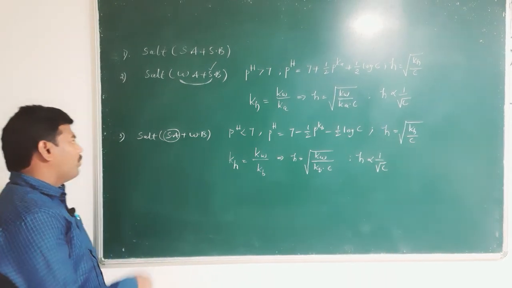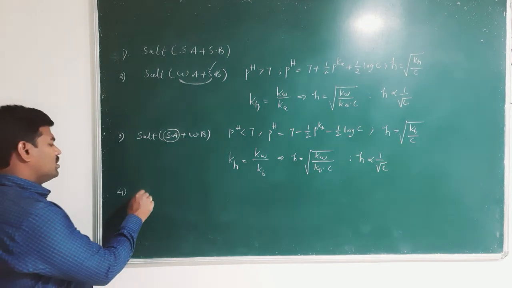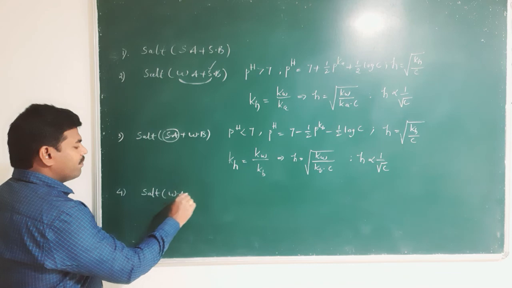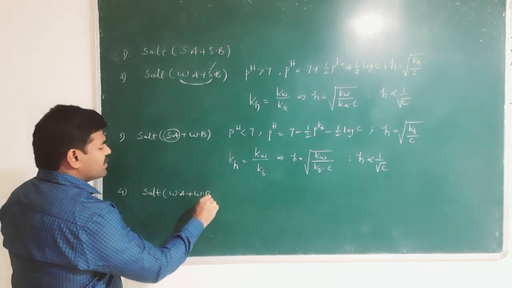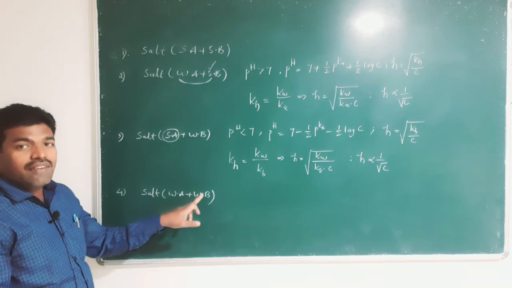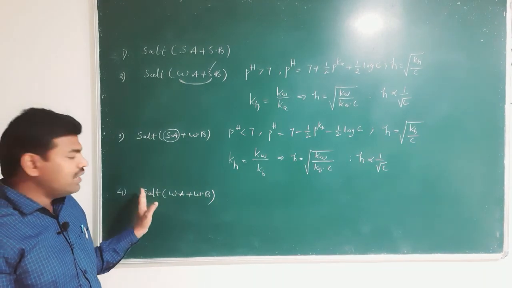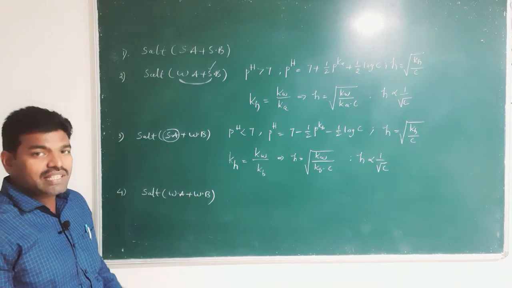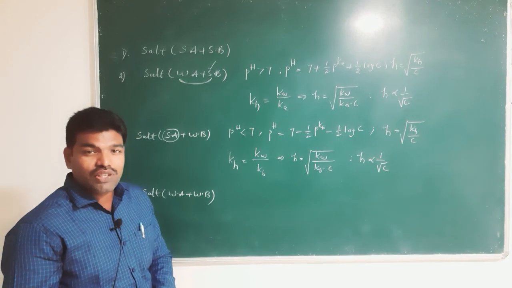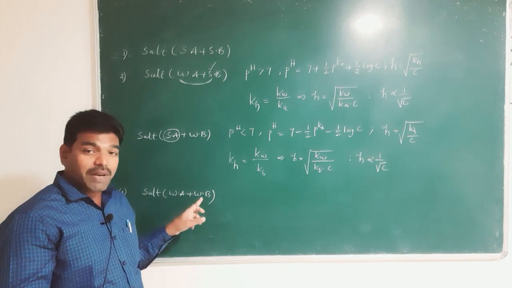And the fourth point is salt derived from weak acid plus weak base. When we hydrolyze the salt derived from weak acid and weak base, what is the nature of the resulting solution? This is the special case.